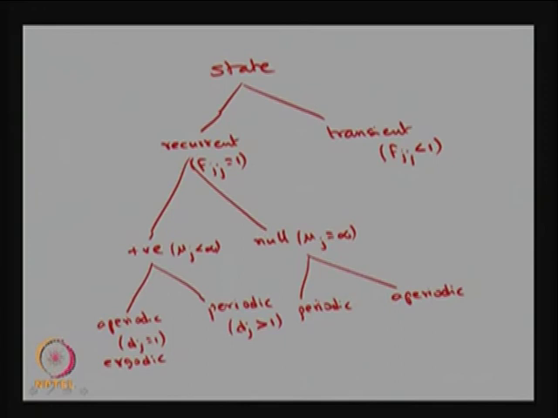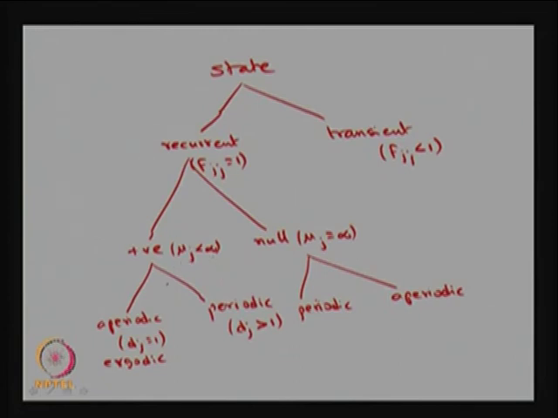You can easily visualize this in the state transition diagram of any discrete time Markov chain. By seeing the state transition diagram, you can conclude whether the state is transient or recurrent. But through these diagrams you cannot conclude whether it is positive recurrent or null recurrent, unless you evaluate the quantity mu j, which is the summation of n times f_jj(n).